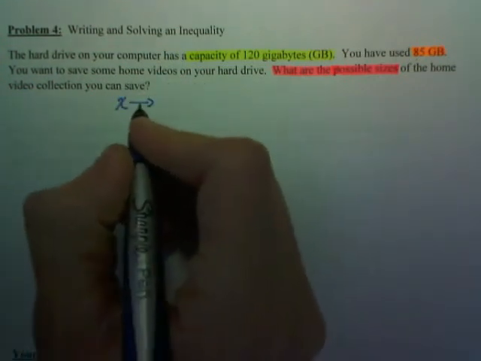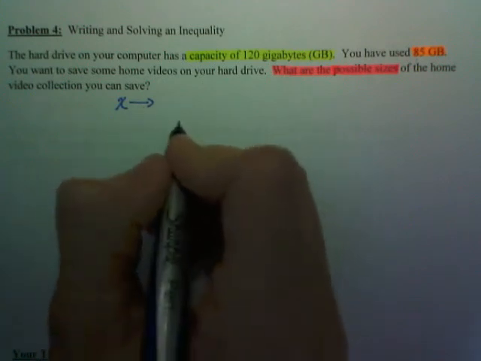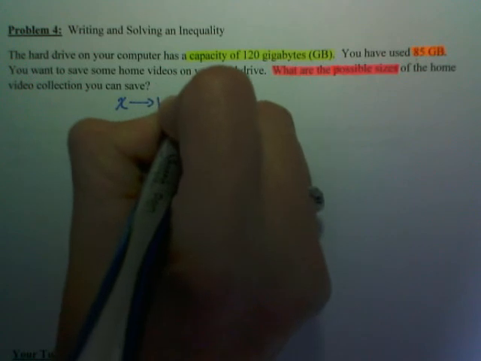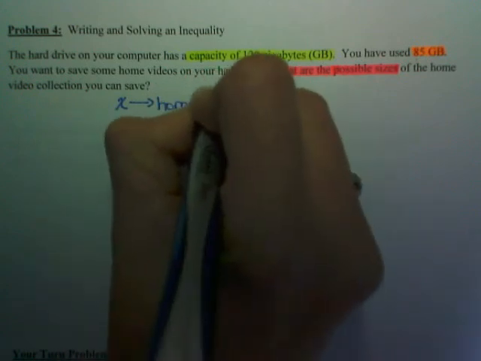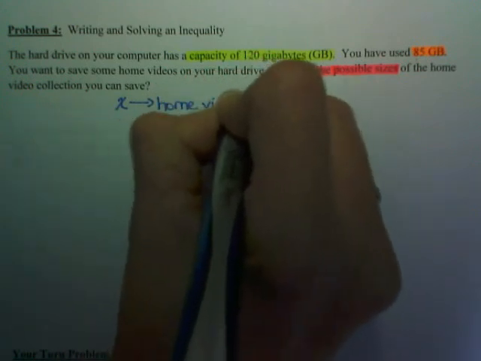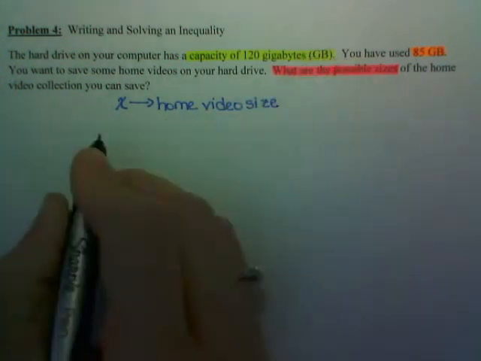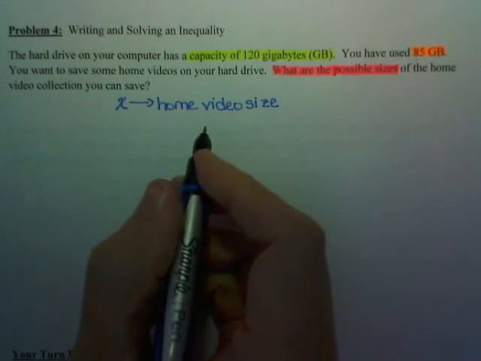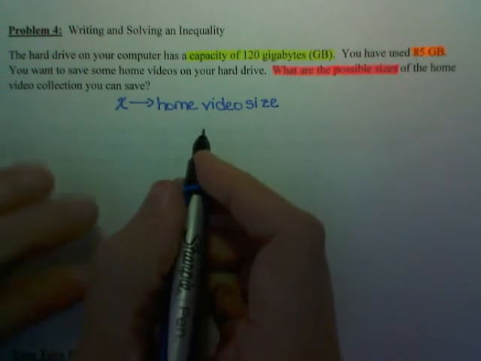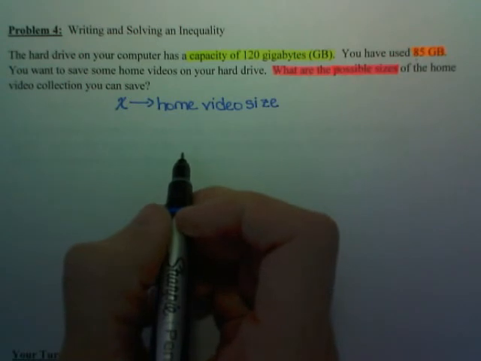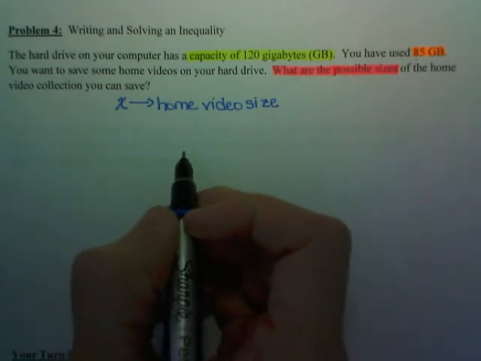I'm going to put home video size. That's what x represents. So I've defined my variable. That way if somebody looks at my equation, then they know what the variable represents, so they know what the solutions should reflect or what they represent.